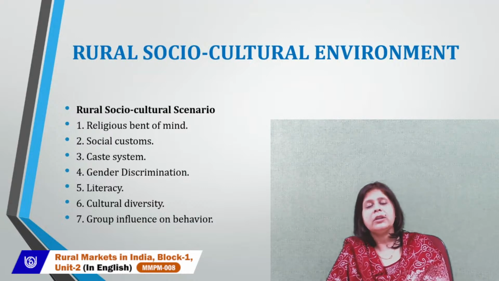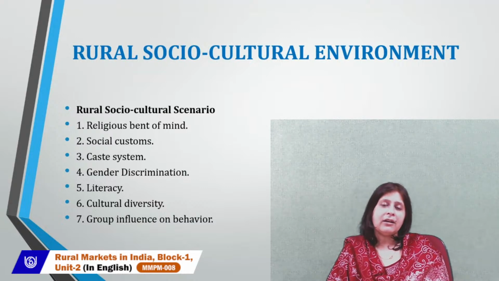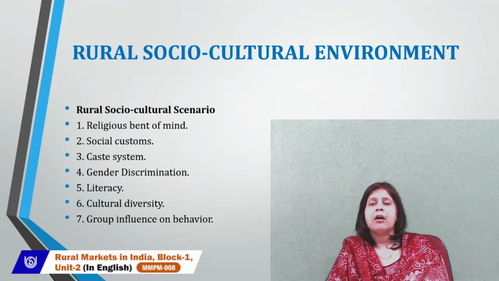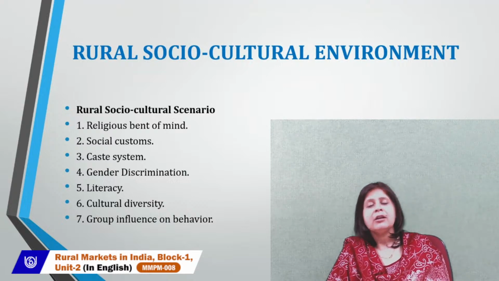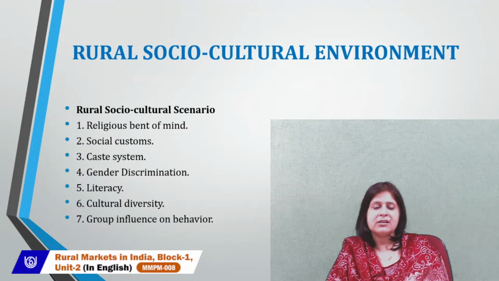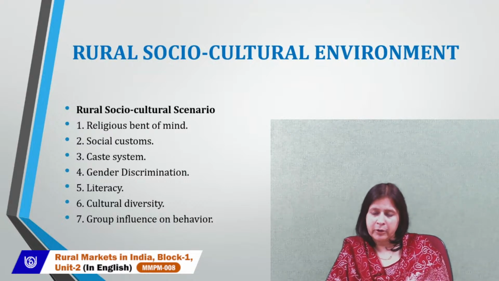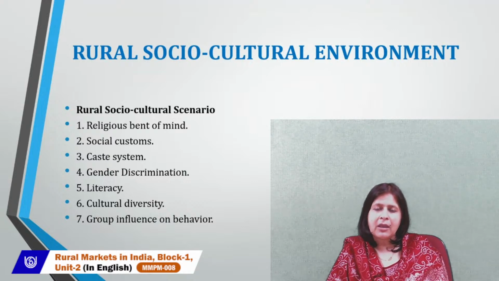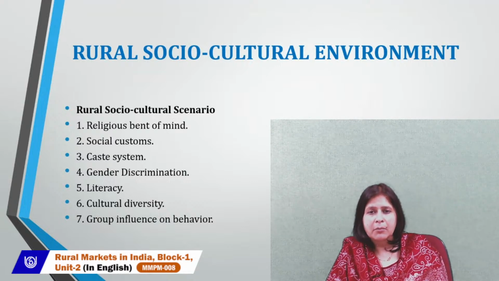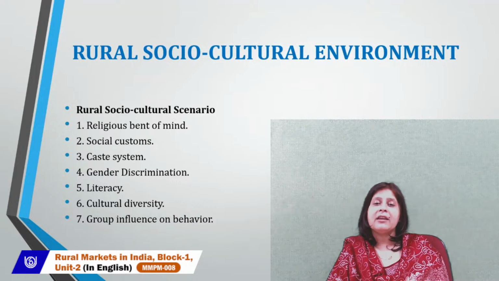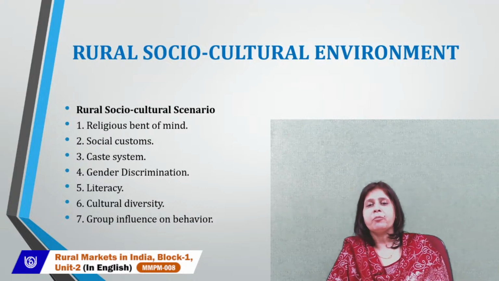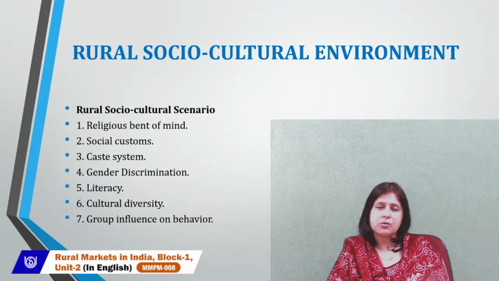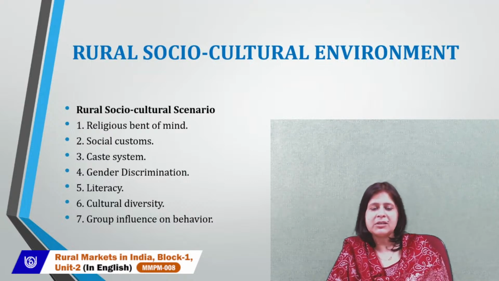As we all know, people in rural areas are influenced by each other, right? There are certain group influencers, or while they want to purchase something, they trust other people, and they prefer word of mouth rather than advertisement. So a group influencing system is there, right?